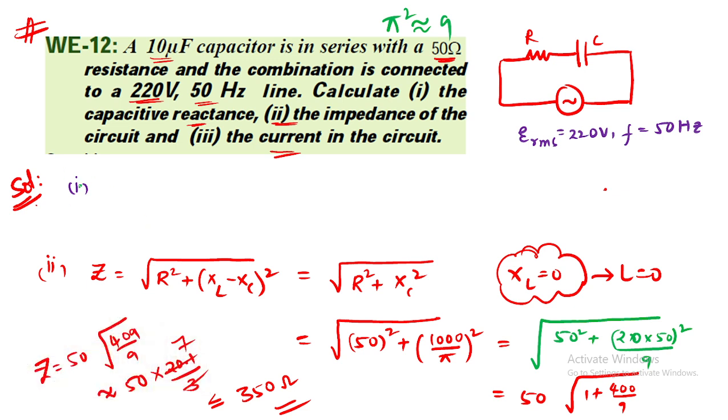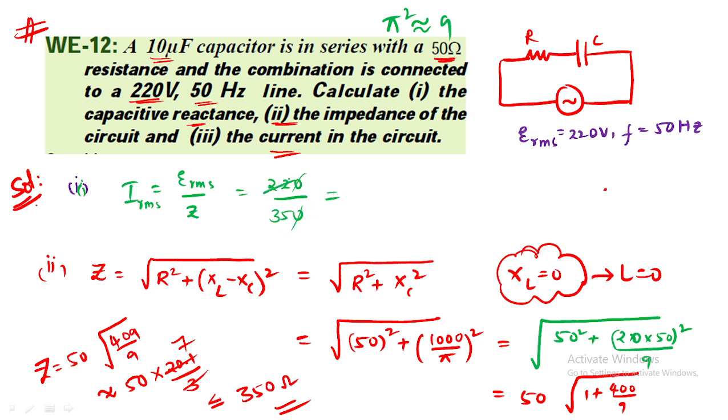Current, which is the third one. Yes or no? Current is equal to ERMS divided by impedance. ERMS is how much here? 220. Z is how much here? Almost 350. Total answer will be how much? 22 by 35.